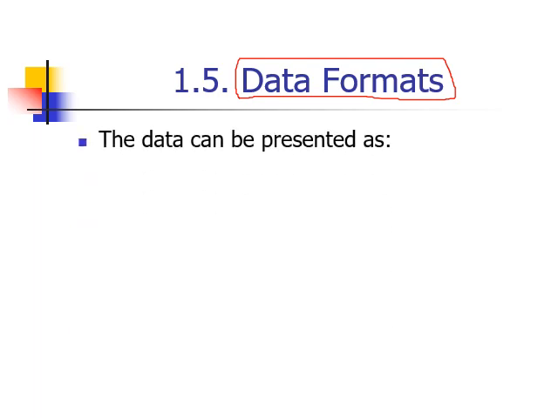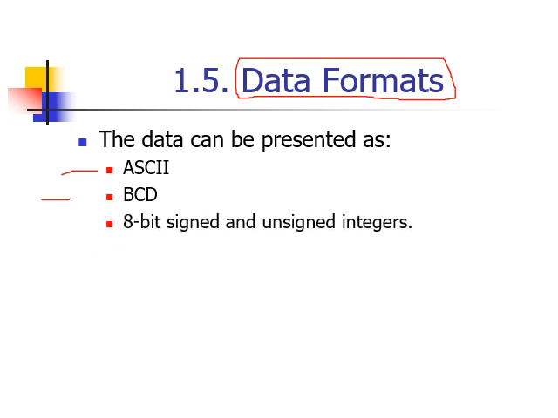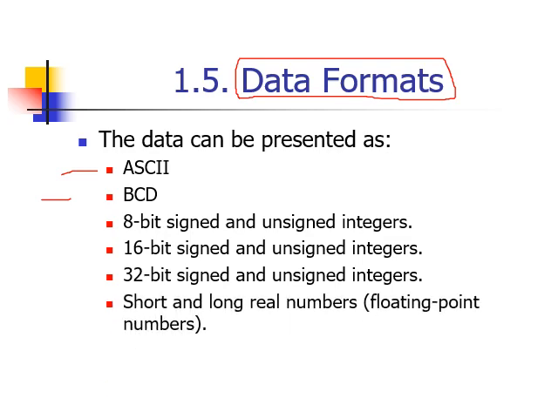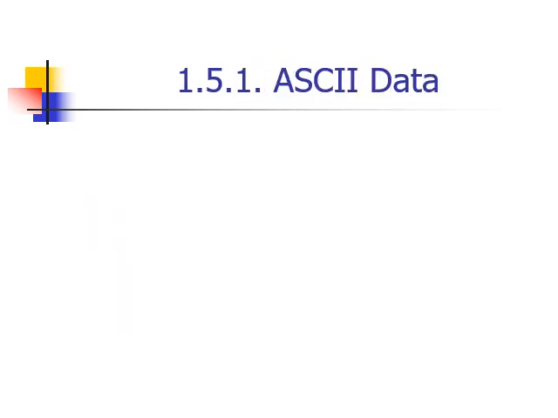So we have the ASCII format, the binary coded decimal format, 8-bit signed and unsigned integers, 16-bit signed and unsigned integers, 32-bit signed and unsigned integers, and short and long real numbers. These are different formats to represent your data. Okay, let's talk first about the ASCII data.